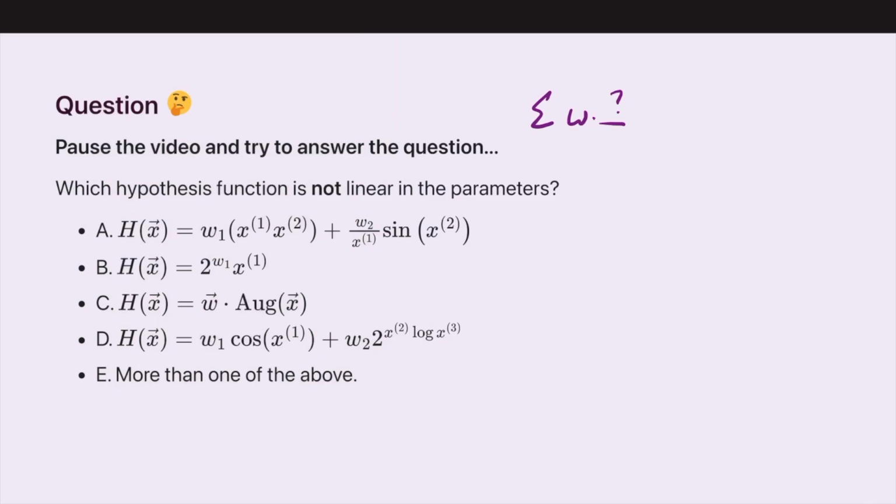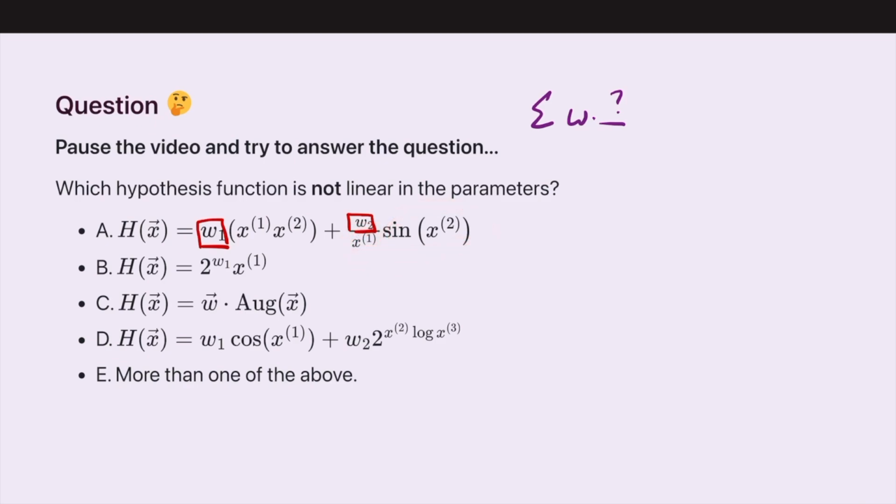So A, we can begin by looking at our w's. We know we have one right here, and we have another one right here. So we might think, okay, W sub 1 times this stuff right here, that's good to go. And W sub 2 divided by X times, okay, that looks a little interesting.